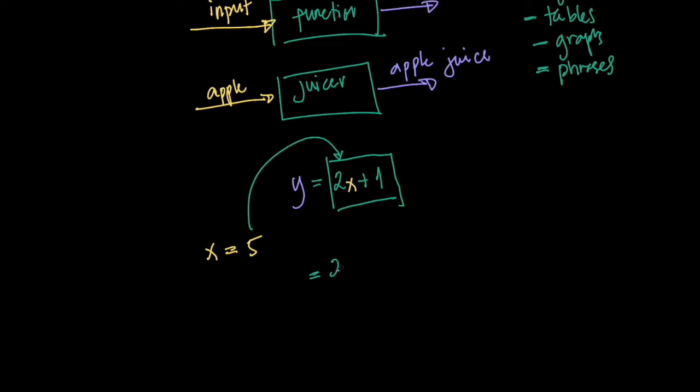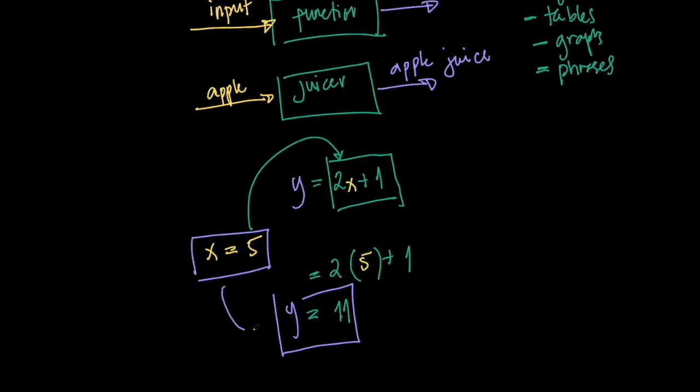So instead of writing x, we write 5. Let's have a different color for our input. So 2 times 5 is 10, plus 1, we get 11. So our output now is 11. If we have an input of 5, we have an output of 11.